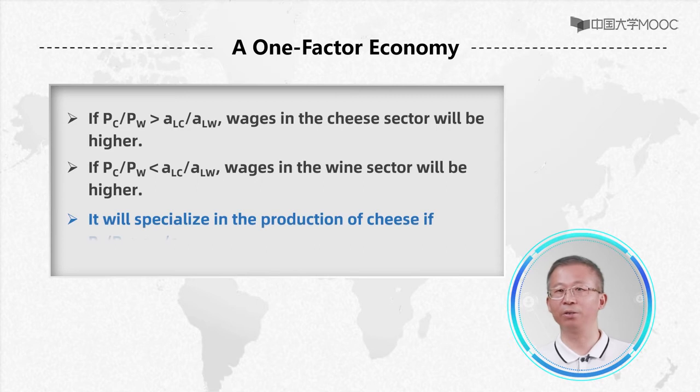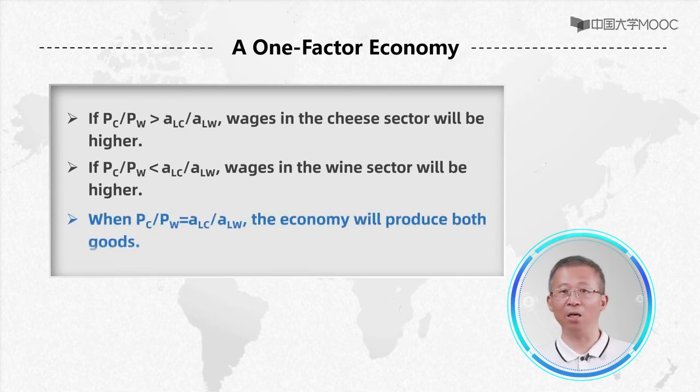On the contrary, it will specialize in the production of cheese if PC over PW exceeds aLC over aLW. When PC over PW equals aLC over aLW, the economy will produce both goods.